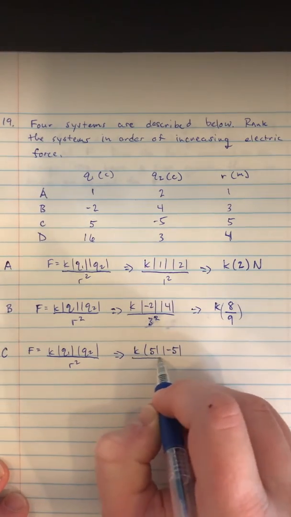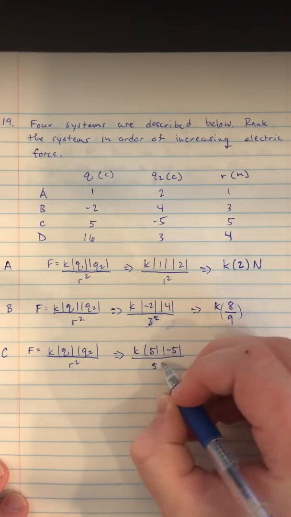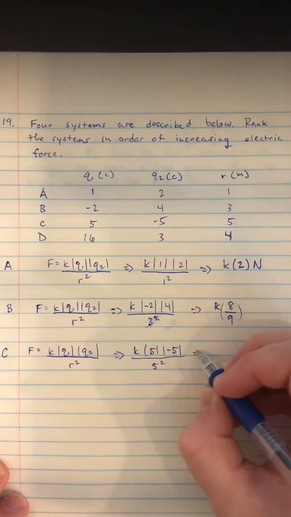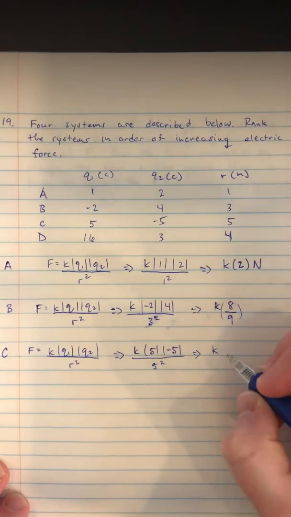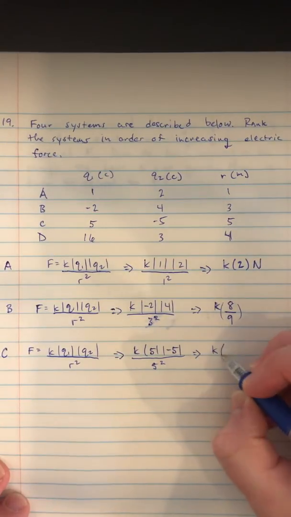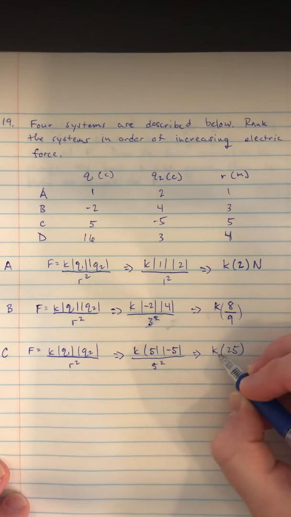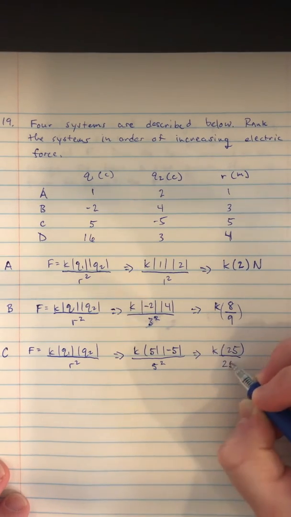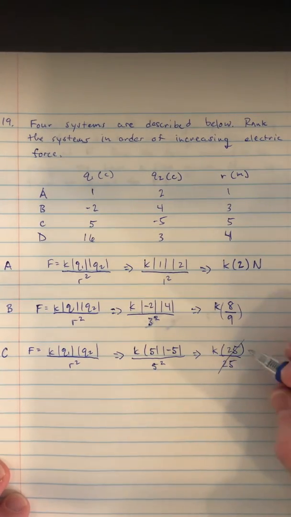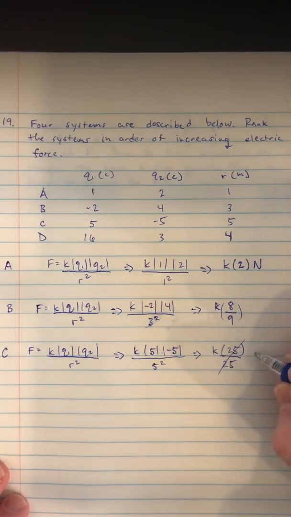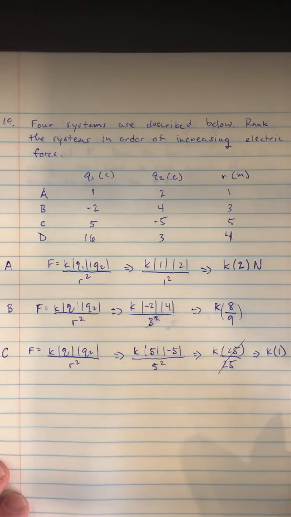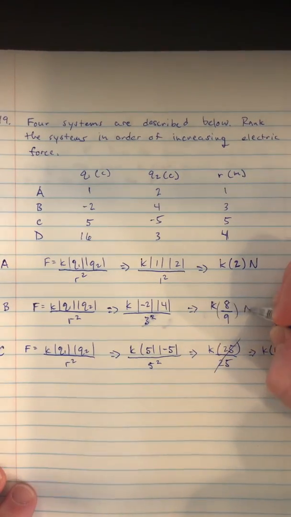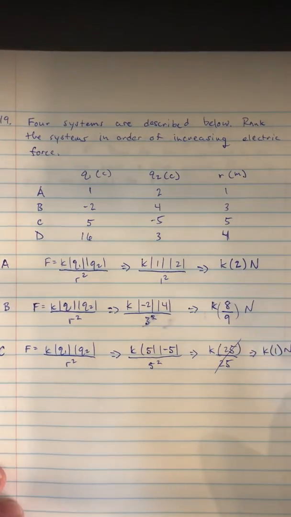Divided by 5 squared, we'll get K times 25 divided by 25. The 25 on the top and 25 on the bottom cancel, and we get K times 1, 1K. We could throw newtons after all these, right? They're all forces.